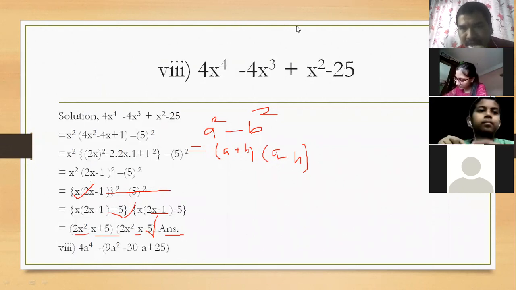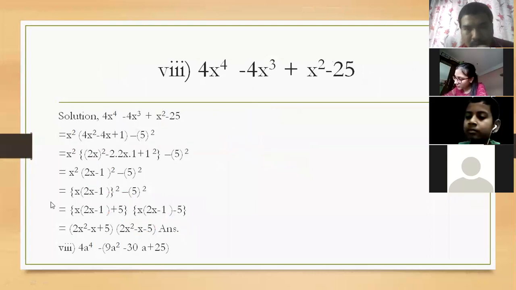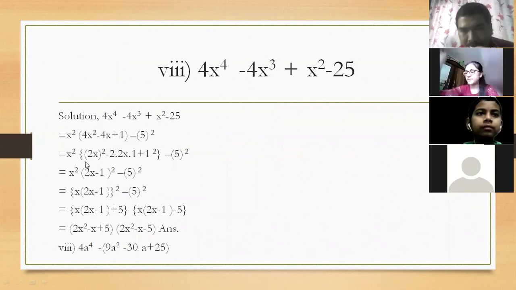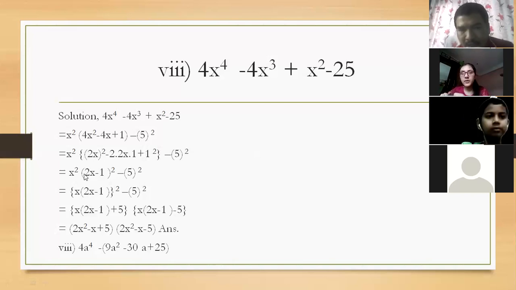Look here, I am showing here next one. Here also look. First, there is x square common from first 3 terms. Take x square common. The remaining will also be in formula. The remaining are in formula, 2x minus 1 whole square.